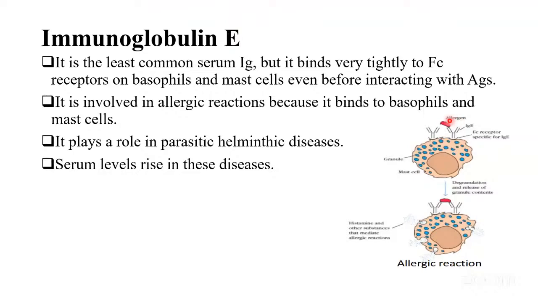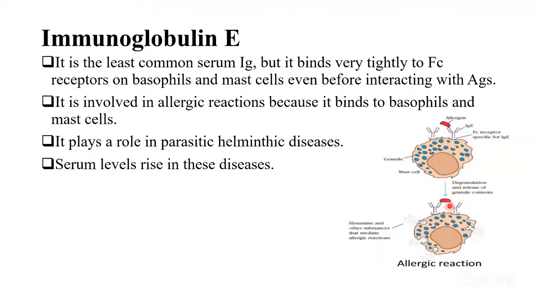So if you're exposed to an allergen, this allergen causes the proliferation and increase in the secretion of IgE, and the mast cells and basophils are the ones that are usually secreting these particular effector molecules that are going to be able to act against these particular allergens.